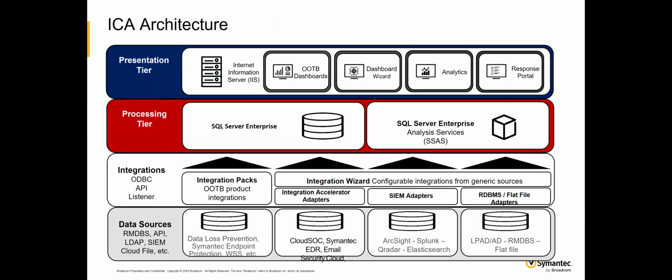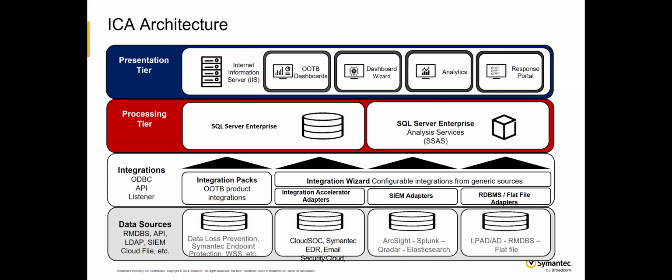Then there's the processing layer with 2 SQL components, SQL Server Enterprise and SQL Analysis Services. These can be deployed on a single server or on separate servers, for example a dedicated SQL DB server and a dedicated SQL Analysis server.